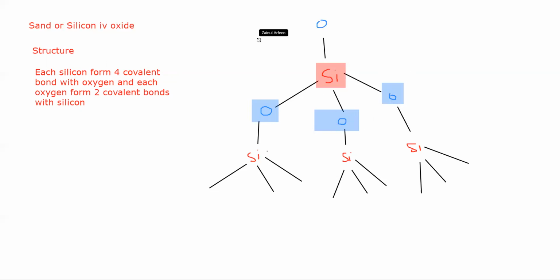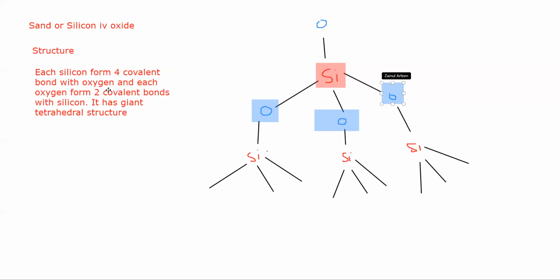So oxygen is forming 2 bonds where silicon is forming 4 bonds. Then it has giant, means infinite number of atoms in the structure, tetrahedral structure. So it has giant tetrahedral structure.